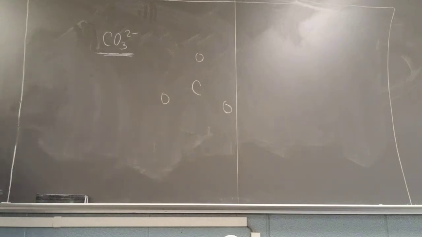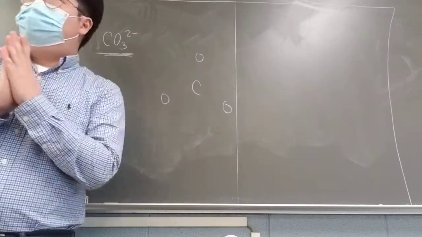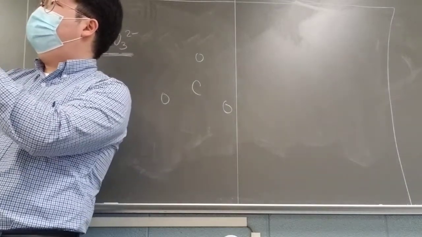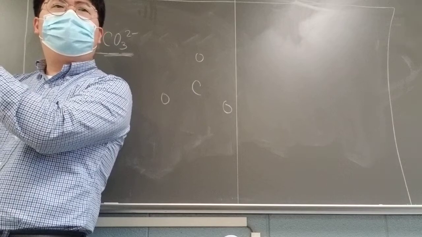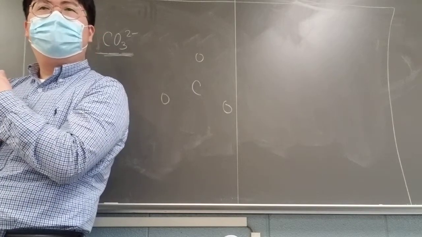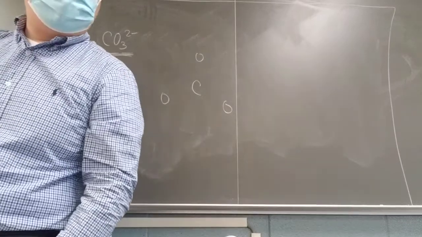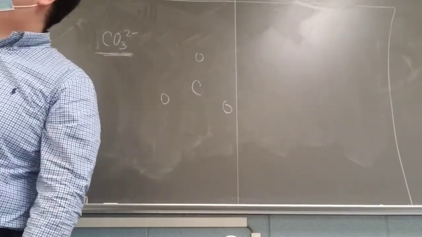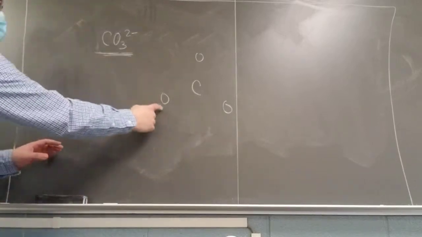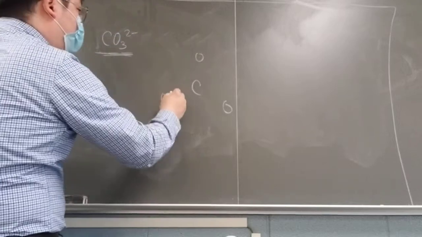It looks like this. And here's one tip I can give you. If you look at the periodic table, the carbon is there, oxygen is there. Can you guess which one will be more electronegative? Perfect, oxygen, right? Because it's more on the right side, and also more to the top, though they're on the same period anyway.